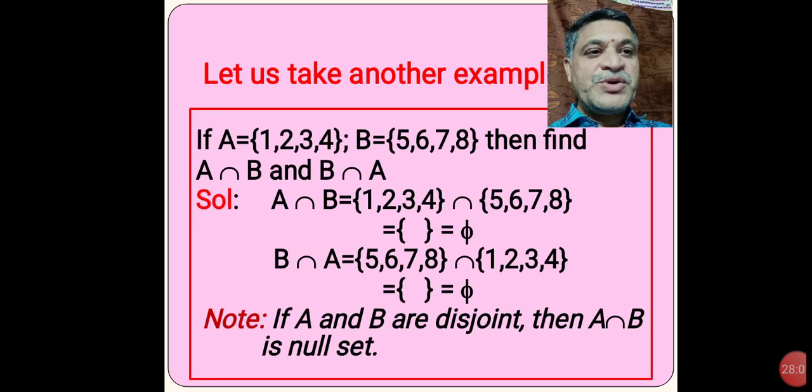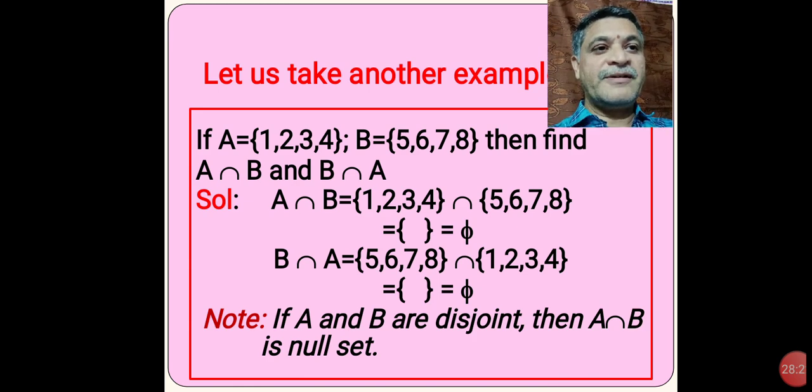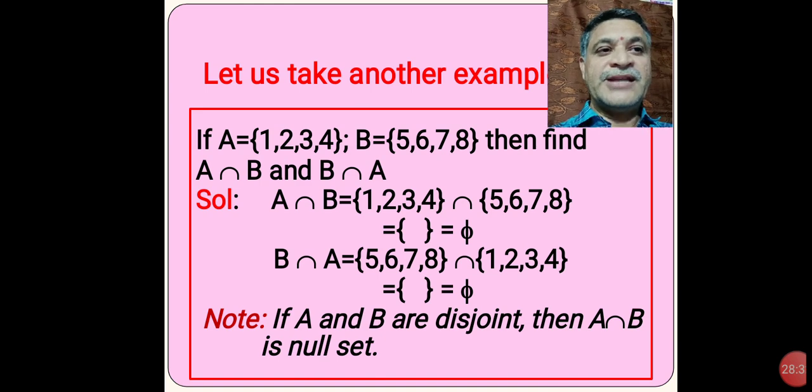If A is equal to 1, 2, 3, 4 and B is equal to 5, 6, 7, 8, then find A intersection B and B intersection A. Yes, observe that both are disjoint sets. Now A intersection B is equal to: there is no common element for both sets A and B. Then you write simply phi, empty set.